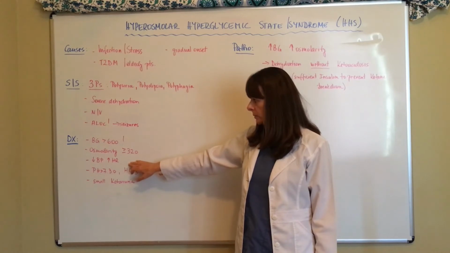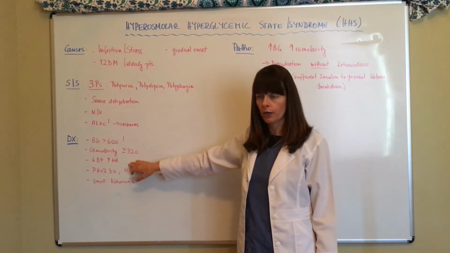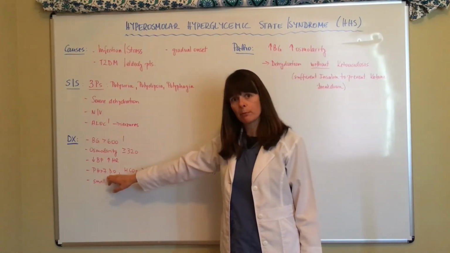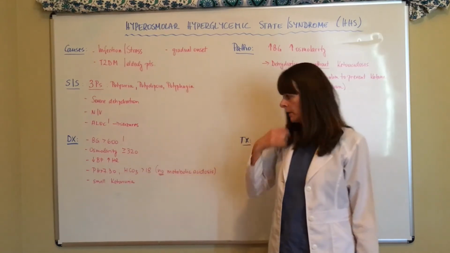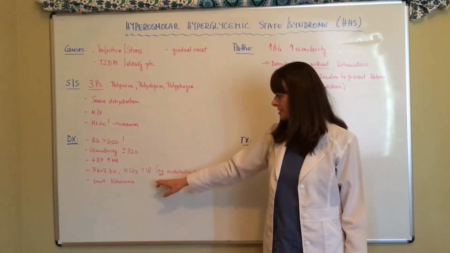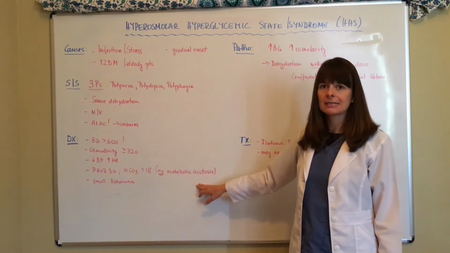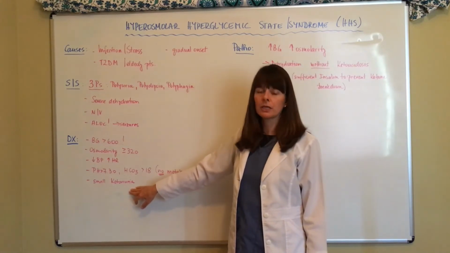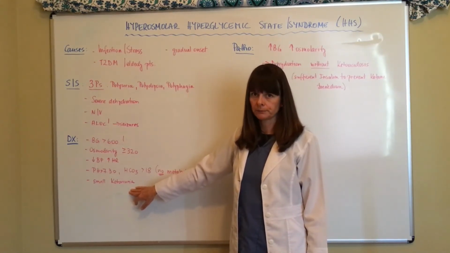Along with the dehydration, they'll be hypotensive and tachycardic. Their pH is usually above 7.30 and their bicarb is greater than 18, which means that the patient is not in metabolic acidosis like patients in DKA would be. They may have a small amount of ketones spilling in the urine that can be detected.